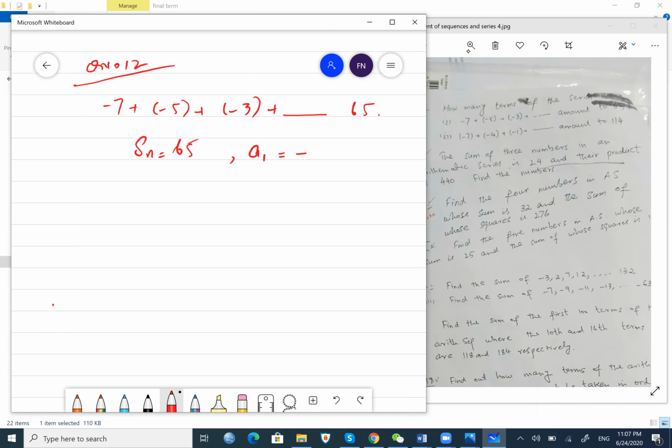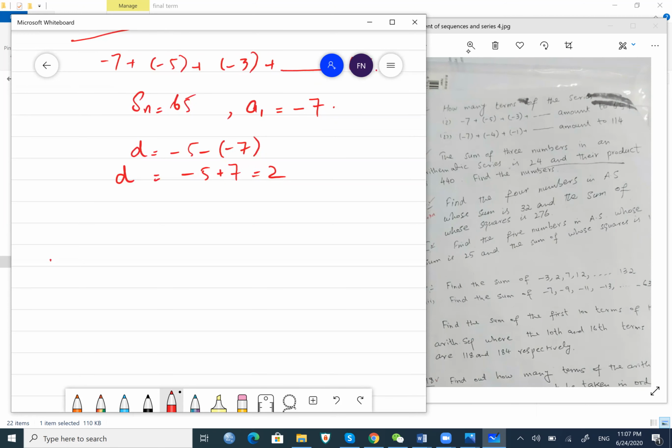A1 is -7, common difference is -5 minus -7, so -5 plus 7, so the common difference is 2.